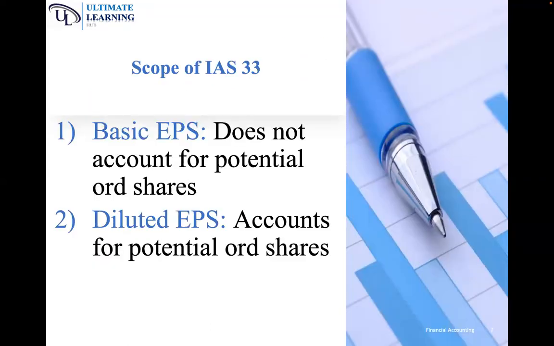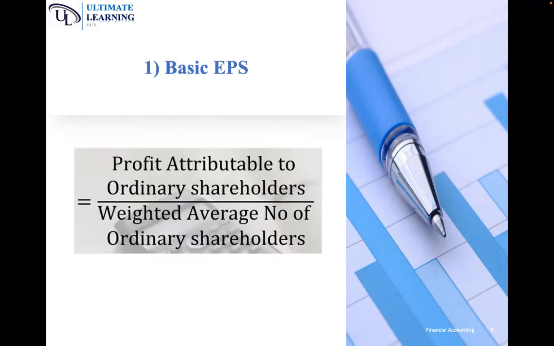So in the last session, we also looked at the scope of IAS 33. We looked at basic EPS and diluted EPS. Under that, we saw that basic EPS is profit attributable to ordinary shareholders divided by weighted average ordinary shares.